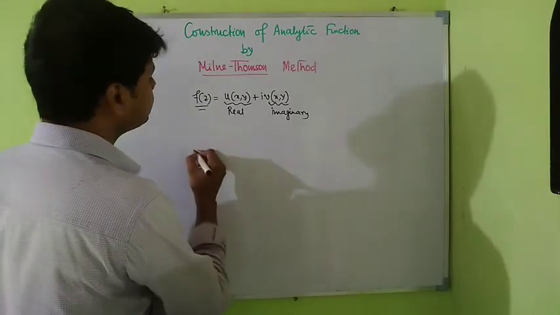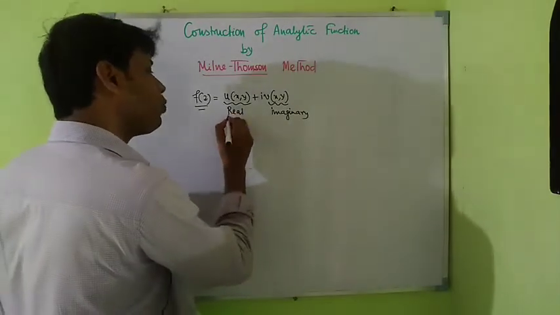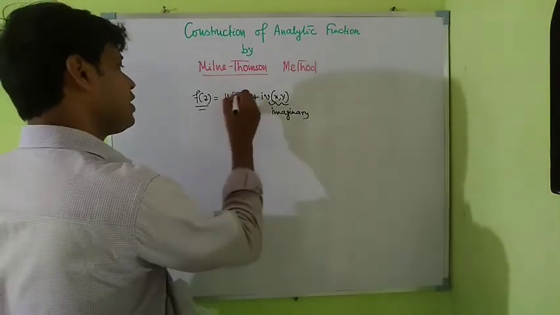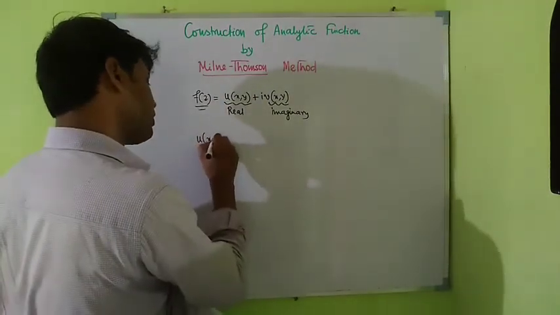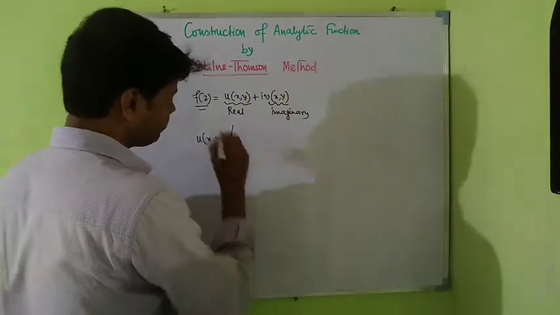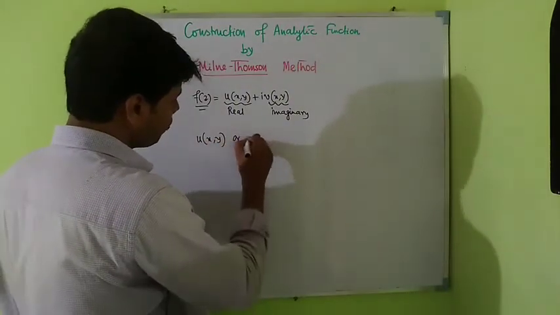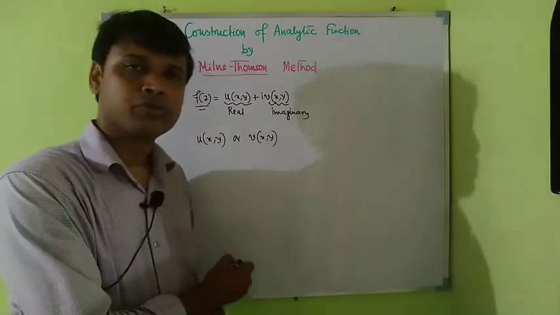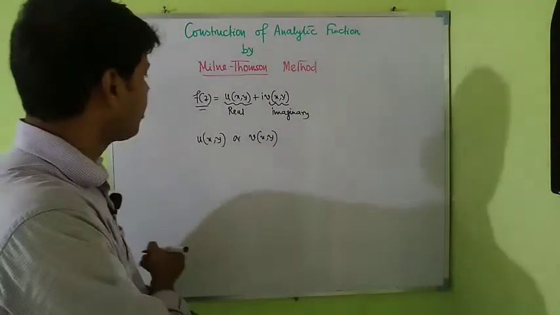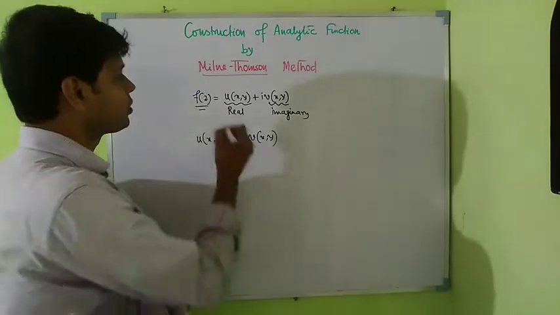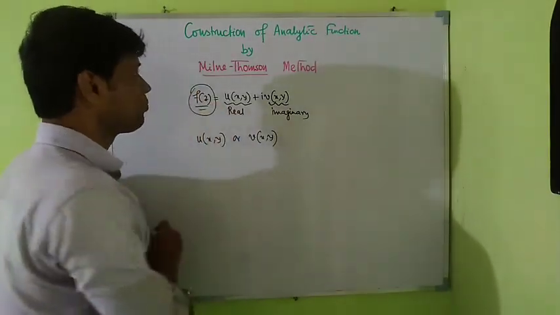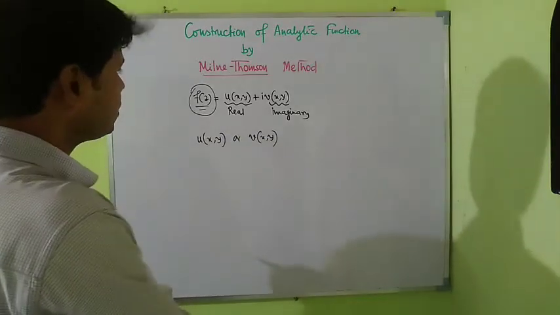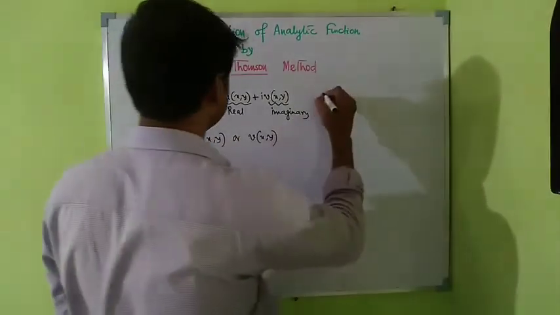So, if we are given only one part of f(z), that means either u(x,y) or v(x,y) is given to us, we have to construct f(z), that means the analytic function f(z).